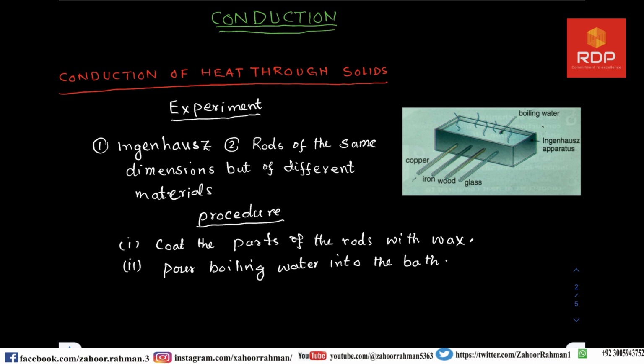The other side of the rods, which is away from the bath, is considered to be the cold one. And a few moments back we discussed that heat always flows from a hot body to a cold body. So in this case, heat flows from a region of higher temperature to a region of lower temperature.